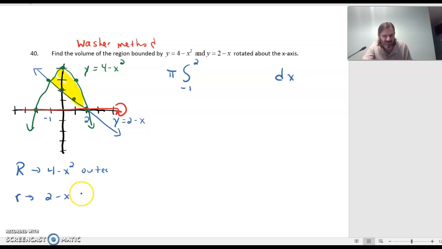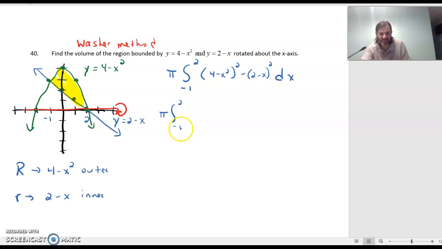It's nice that both of those are y equals already, so we can just throw those in. So we will have 4 minus x squared, that quantity squared, minus 2 minus x, that quantity squared. Probably the worst part of our job here is going to be some foiling and collecting like terms, still from -1 to 2.